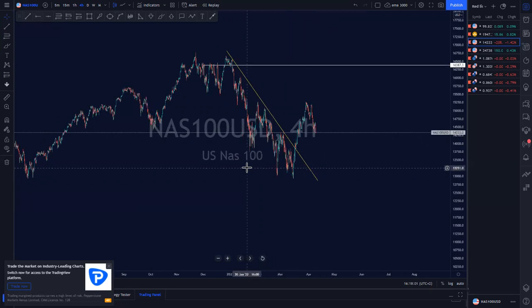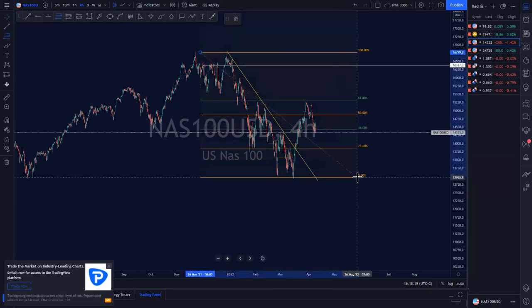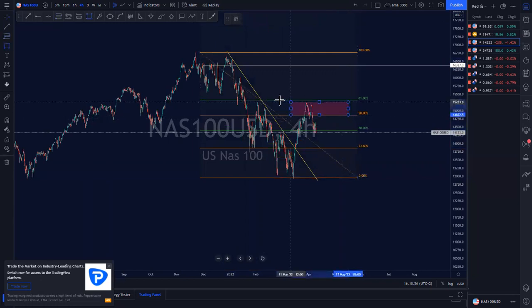So how do I analyze the market so that I can find entries? In this case, you can see that the market broke this descending trend line. As it broke it, if I use my Fibonacci like this, you will realize that the market reached the Fibonacci zone.